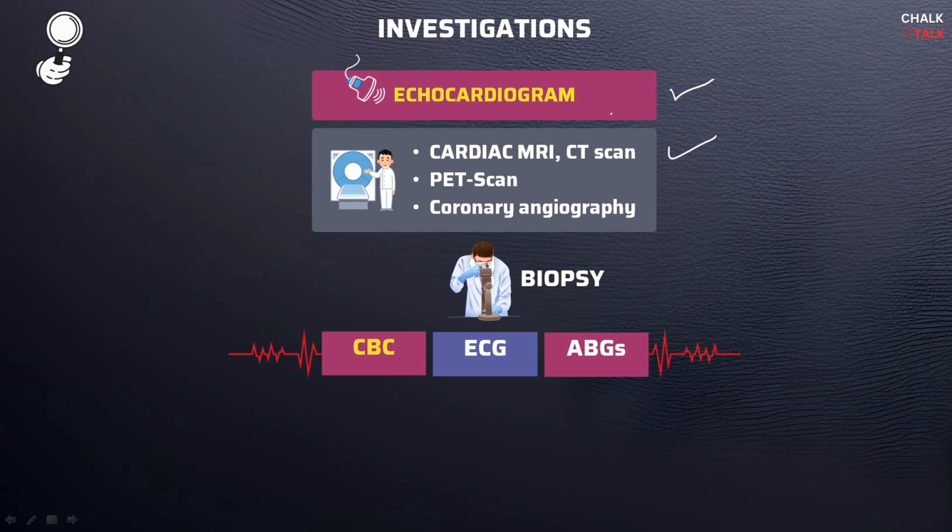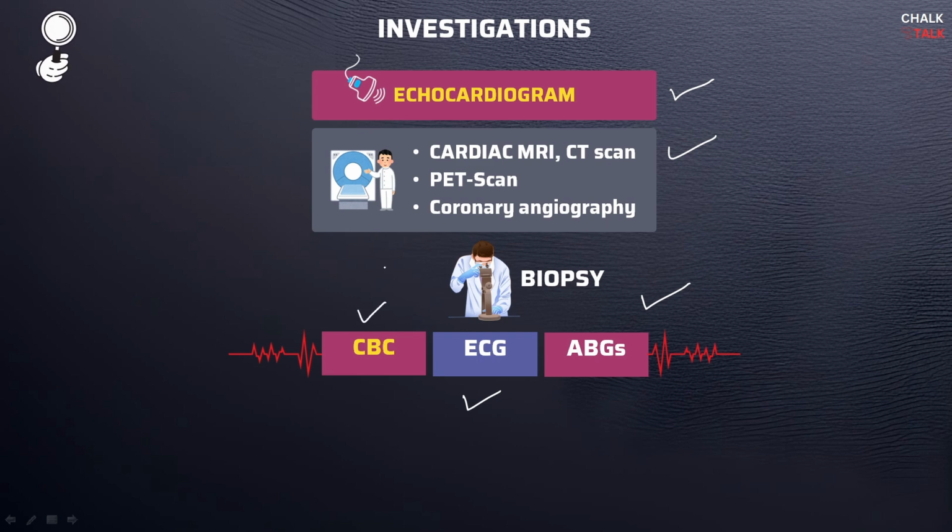Cardiac CT is another option, which is useful in some cases for further imaging. PET scans and coronary angiogram, depending on the clinical situation, may all be utilized. Electrocardiogram sometimes can be useful for assessing any arrhythmias that are related to the mass. And importantly, transvenous biopsy is important for confirming the diagnosis of myxoma.